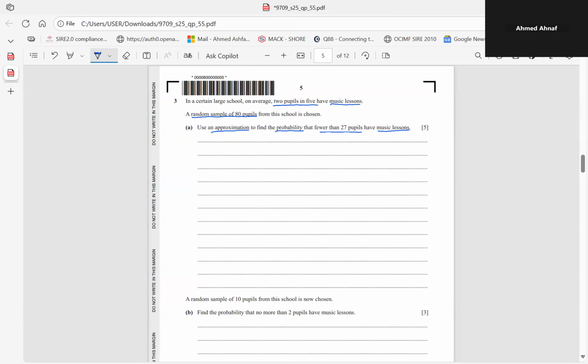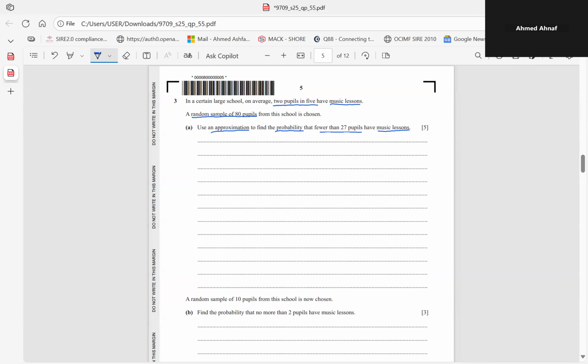So here we have a finite number of trials, like we picked a finite number of students, and from that finite sample, we're supposed to find fewer than 27 instances of success.